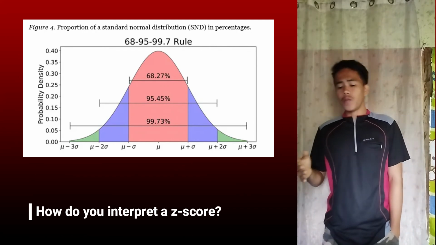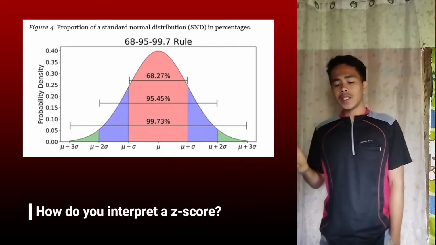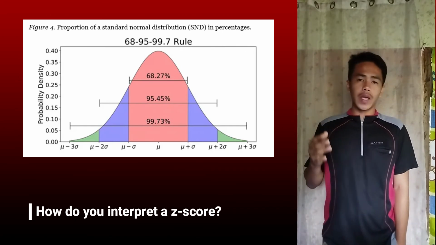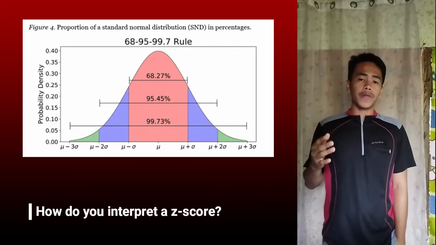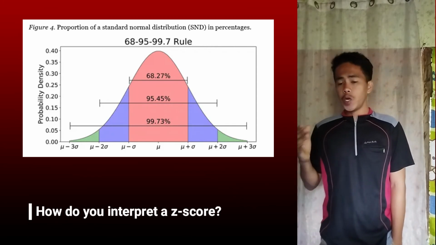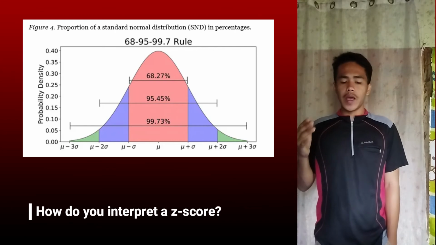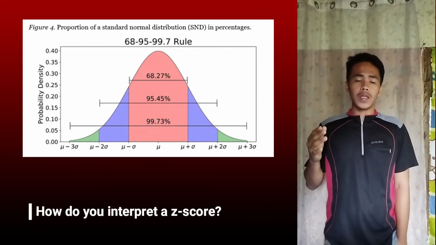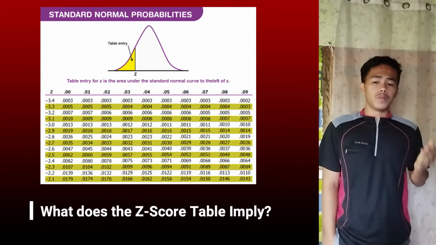The probability of randomly selecting a score between negative 1.96 and positive 1.96 standard deviations from the mean is 95%. If there is a less than 5% chance of a raw score being selected randomly, then this is a statistically significant result.